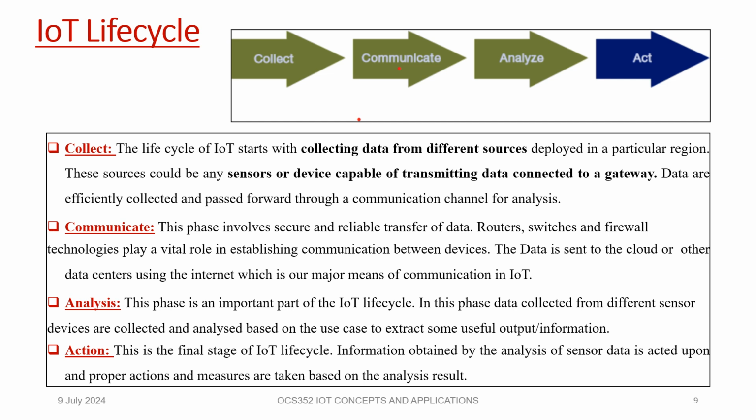Analysis: this phase is an important part of the IoT life cycle. In this phase, data collected from different sensor devices is analyzed based on the use case to extract some useful information. Action: this is the final stage of the IoT life cycle. Information obtained by analysis of sensor data is acted upon with proper action.